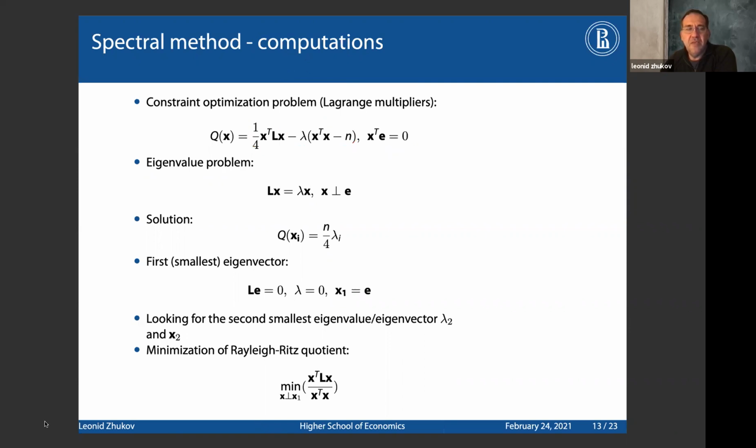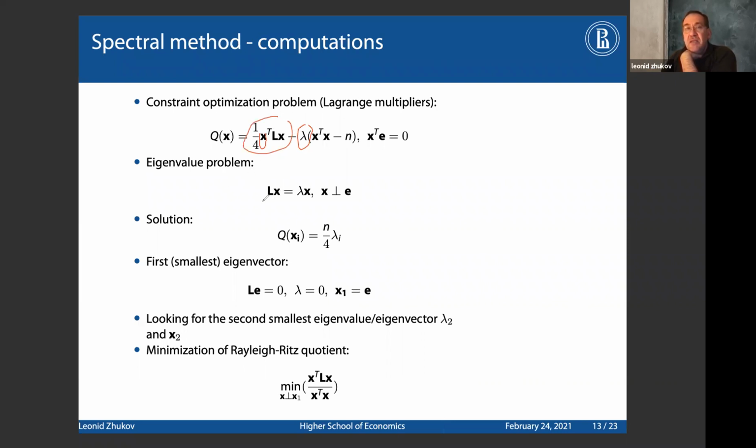You have to take a derivative with respect to your Lagrange multiplier, and another derivative with respect to the variable that you're solving for. Now, the derivative with respect to the Lagrange multiplier gives you back the constraint, and the derivative with respect to the variable you're solving for gives you an eigenvalue problem.